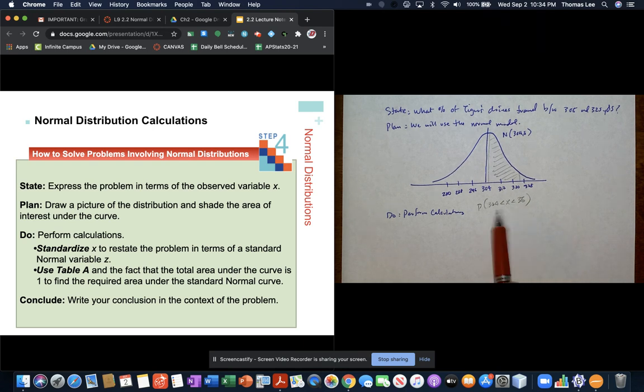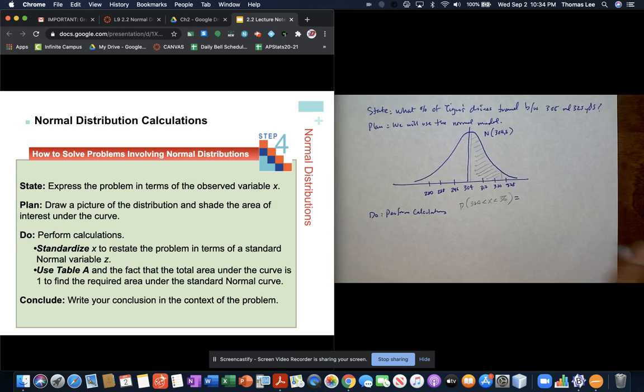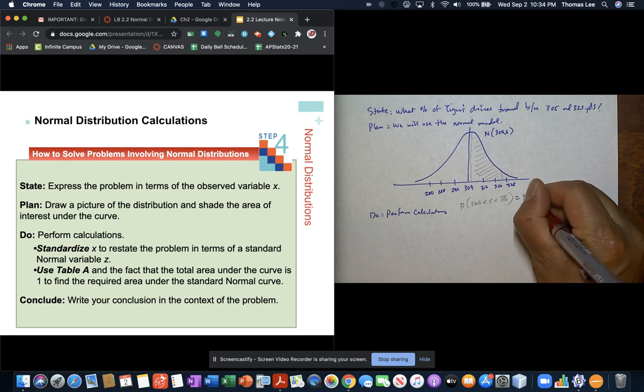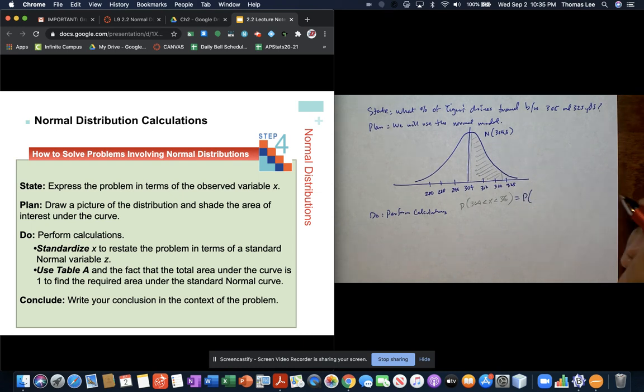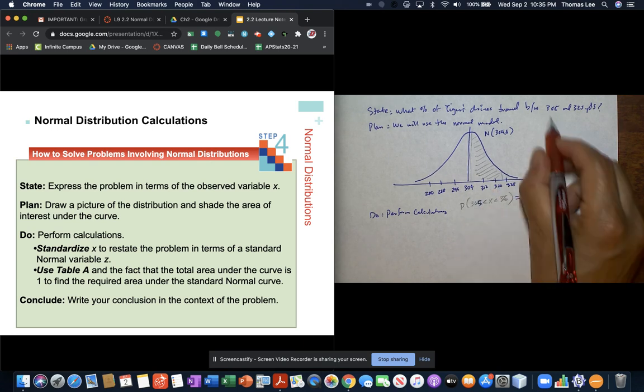But here you have to figure out the z-scores for 305 and 325. This checks the box for AP readers.